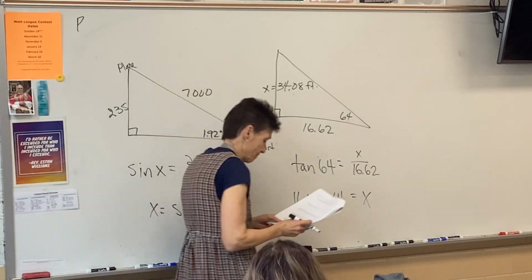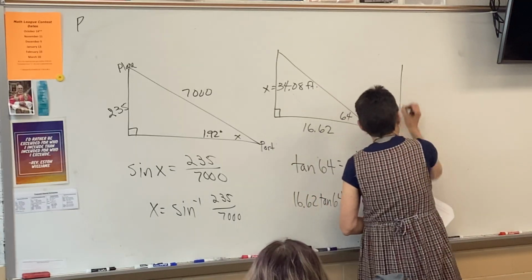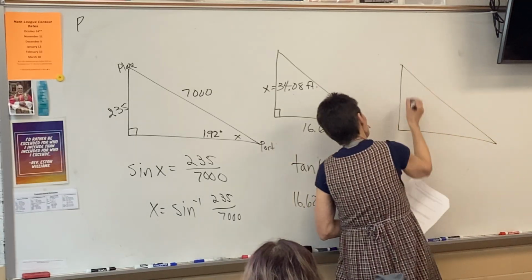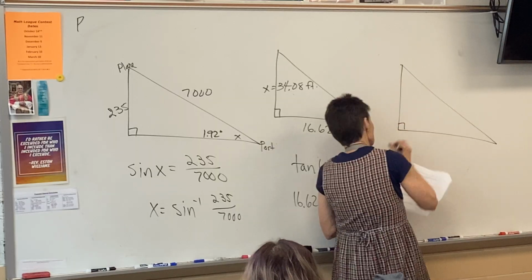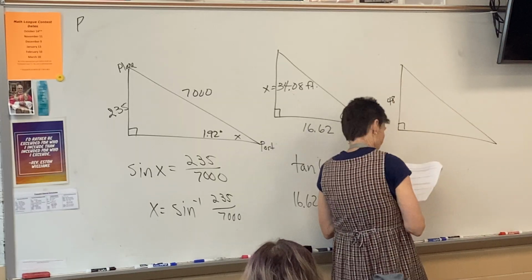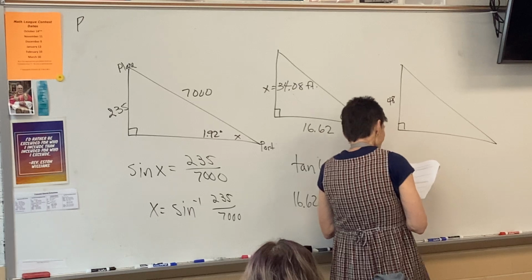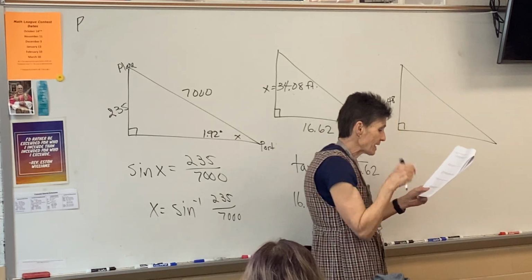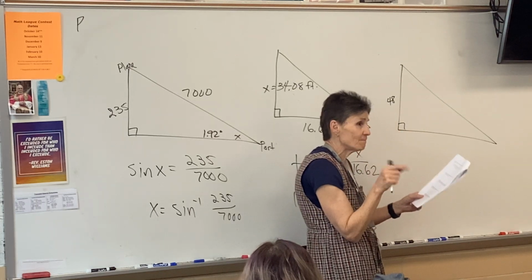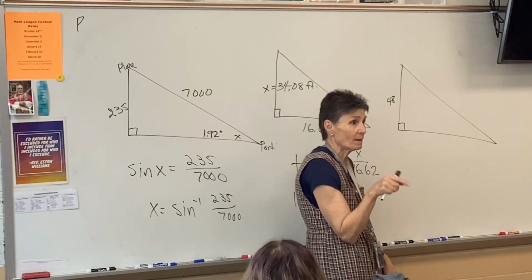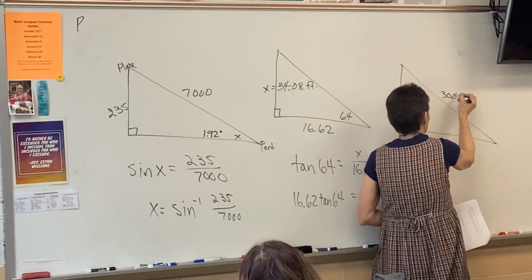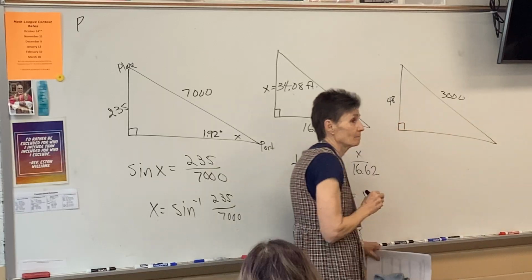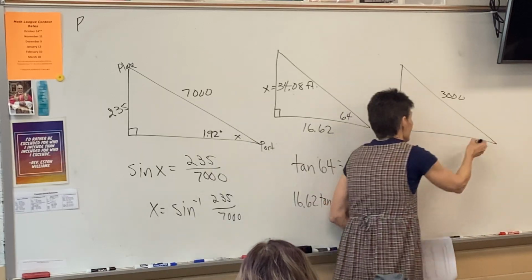And finally, we got the man looking at the top of the building. The building is 48 feet tall, and the man is standing 3,000 feet from the top of the building. Hypotenuse. What am I looking for? The angle.